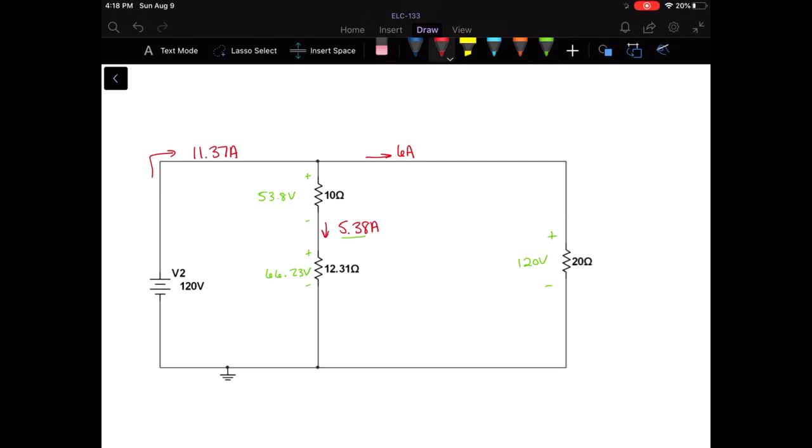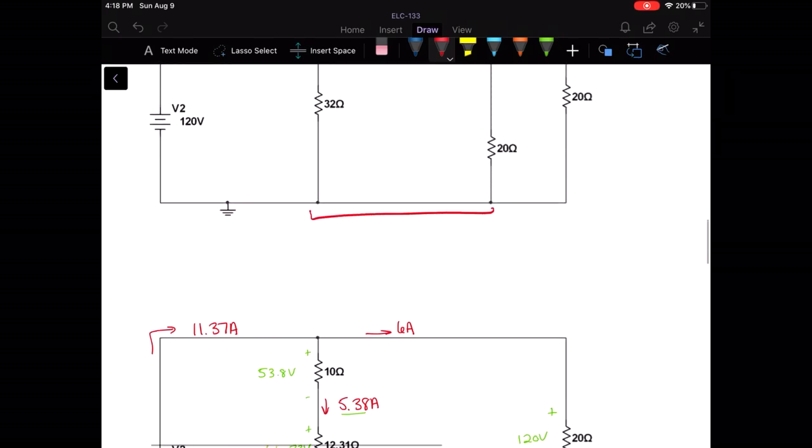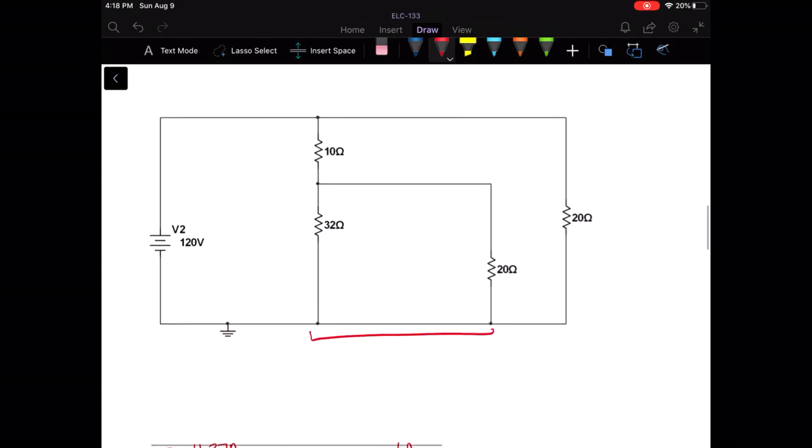So we go up to the next step and transfer everything over again. 11.37 amps here, our 5.38 amps here, 6 amps here.